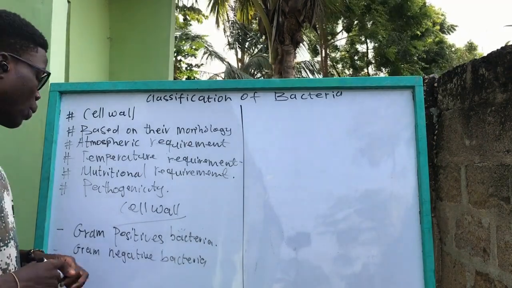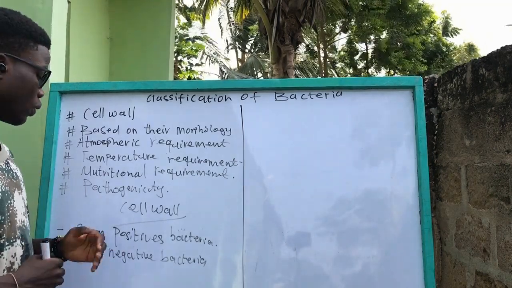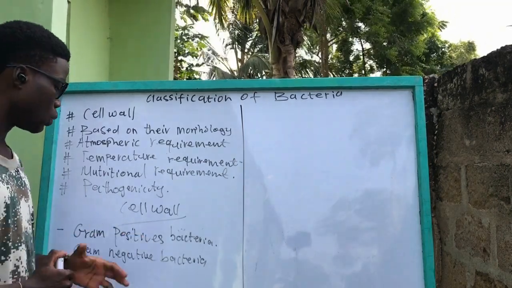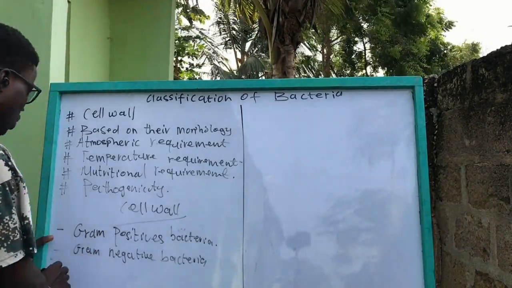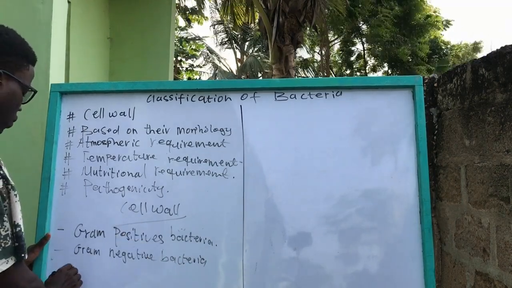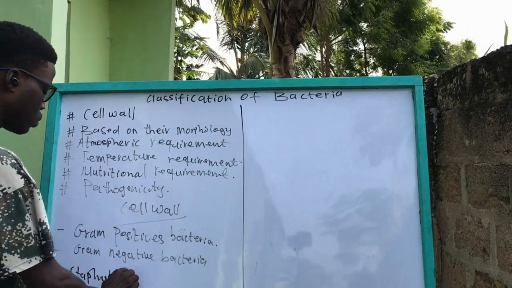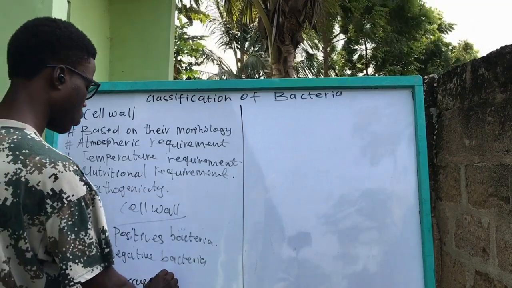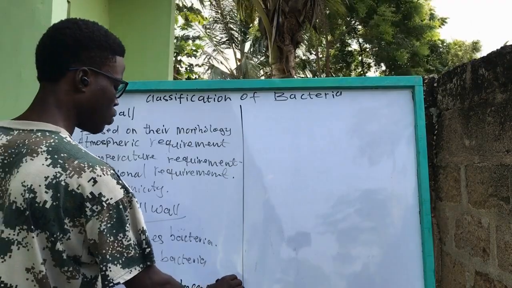If you want to know more about the gram-positive and the gram-negative bacteria, you can visit our previous videos. We have talked about these two. Alright, now we can give some examples of the gram-positive bacteria. We can talk about Staphylococcus, we can talk about Streptococcus, and so on.